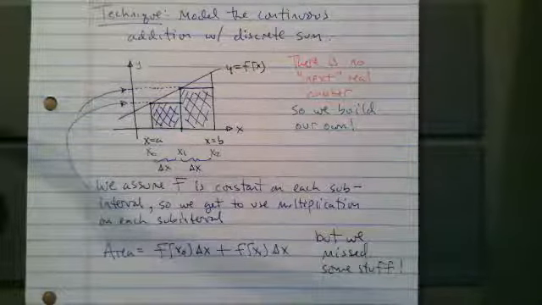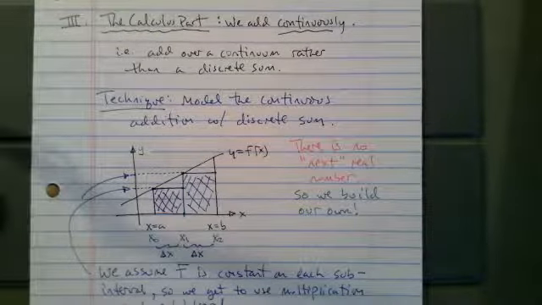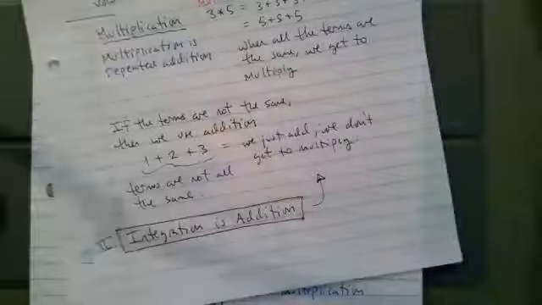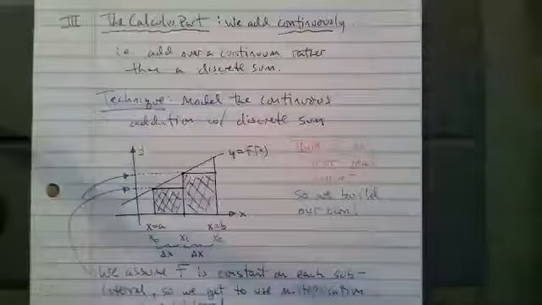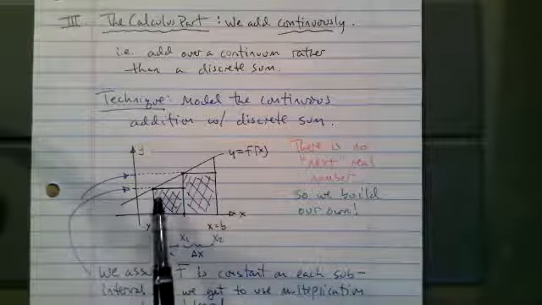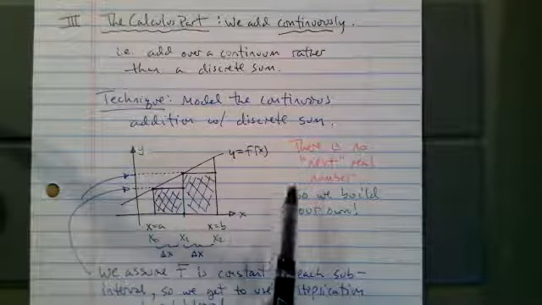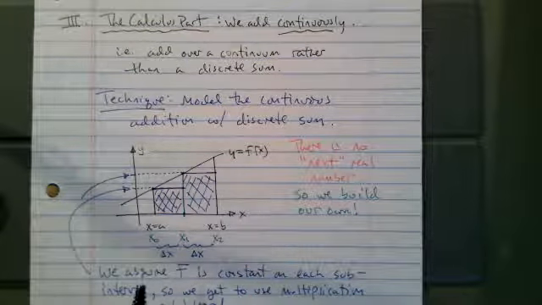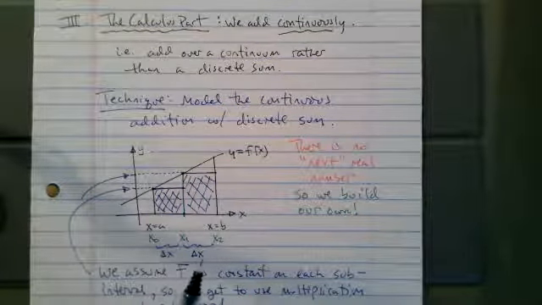Phase 3 of integration thinking is the calculus part. We're going to add continuously. Rather than making a discrete sum, where we have terms 1, 2, 3, or even terms 3, 3, 3, 3, 3, now we have an infinite number of terms between a and b. The problem is, there is no next real number, so we build our own.